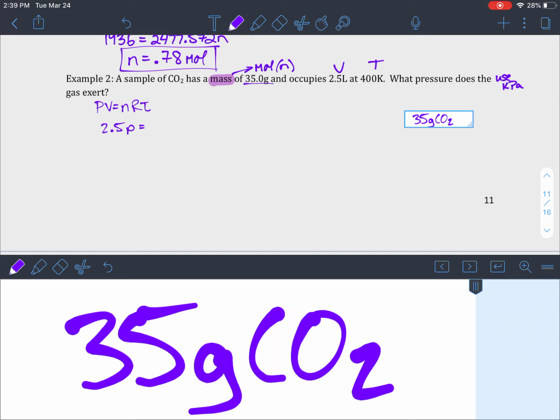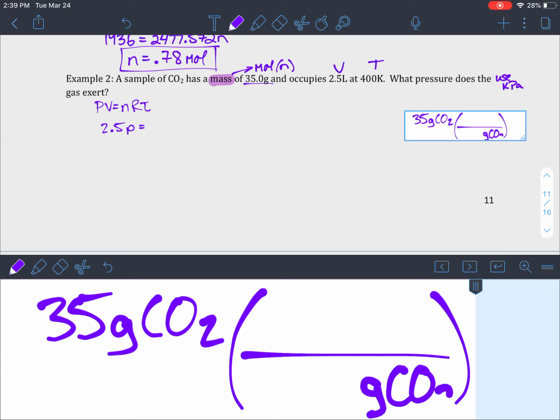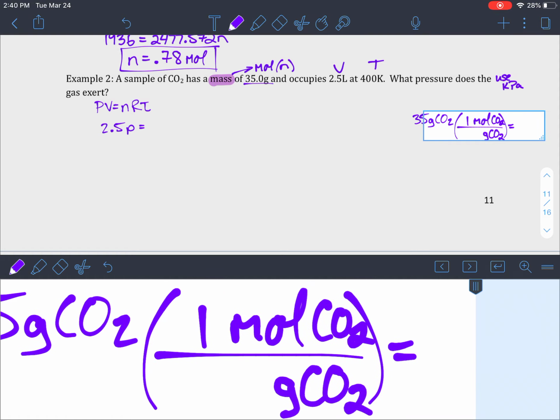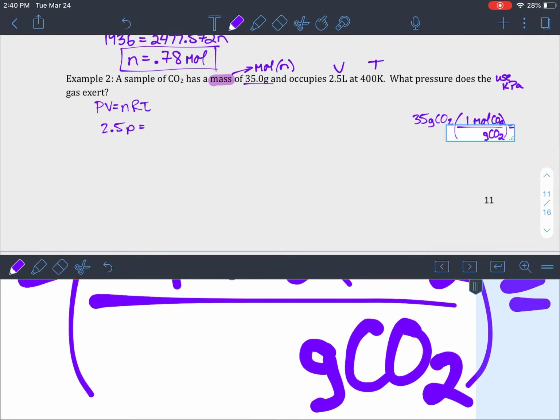And we're going to convert that to moles, and then we'll have our N. So whatever unit we start with goes in the bottom, grams of CO2, and 1 mole of CO2 goes up top. And, okay, so carbon is 12 plus 32 for the 2 oxygens. 16 times 2 plus 12.